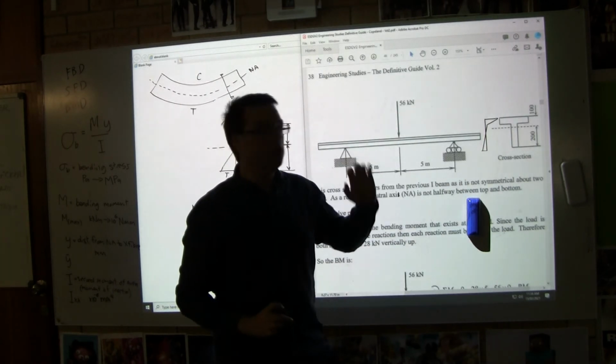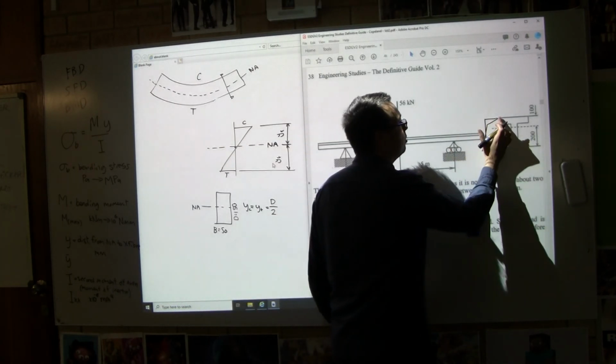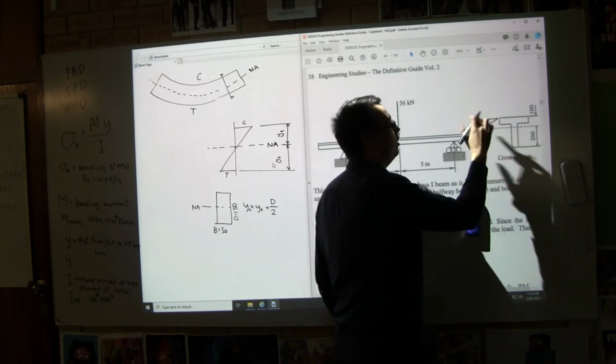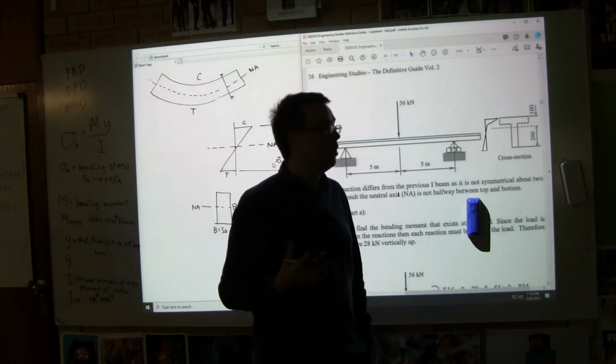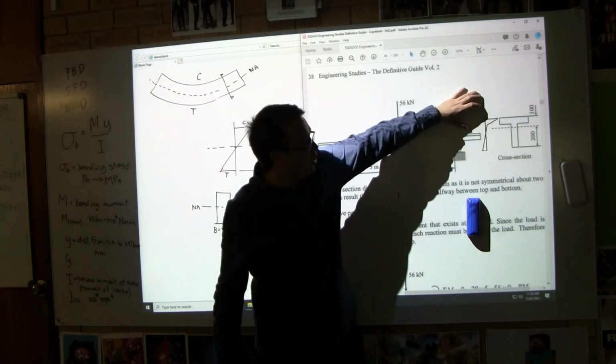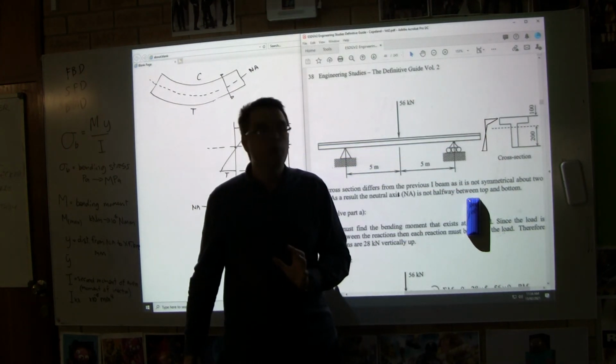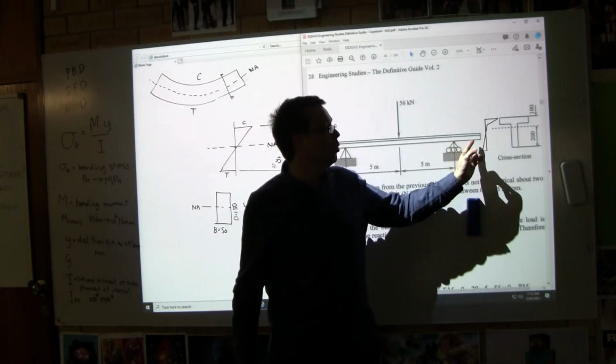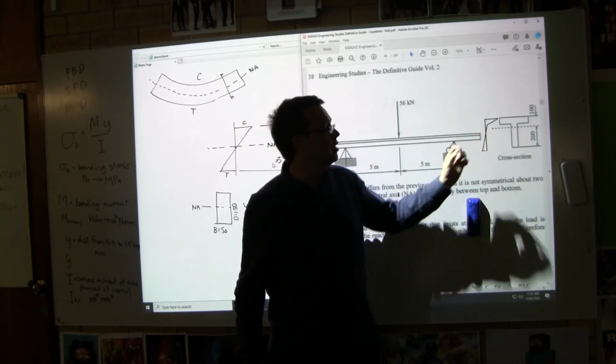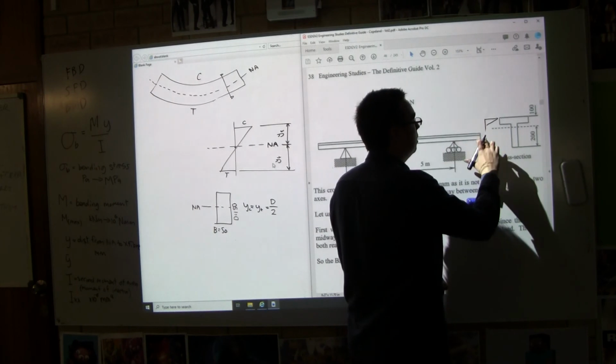I've eyeballed it, but that's the concept we're looking at: the area of compression and the area of tension will be equal. But what that means is, in order for them to be equal, the neutral axis has to be a little bit higher.